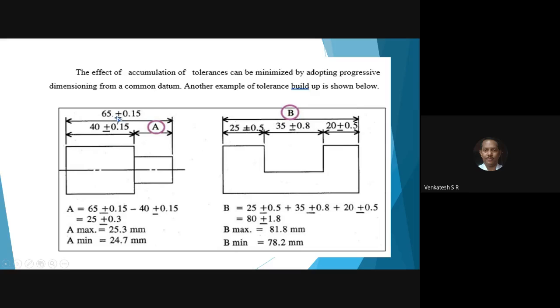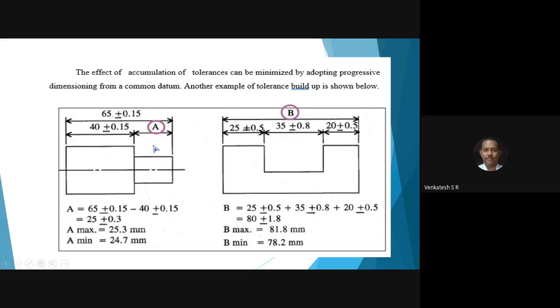There may be higher, there may be lower. If the dimension is 65.15 or 64.85, then you accept the component, otherwise reject the component. Only two criteria. One is accept, other one is reject. The same way, you have to machine the component.